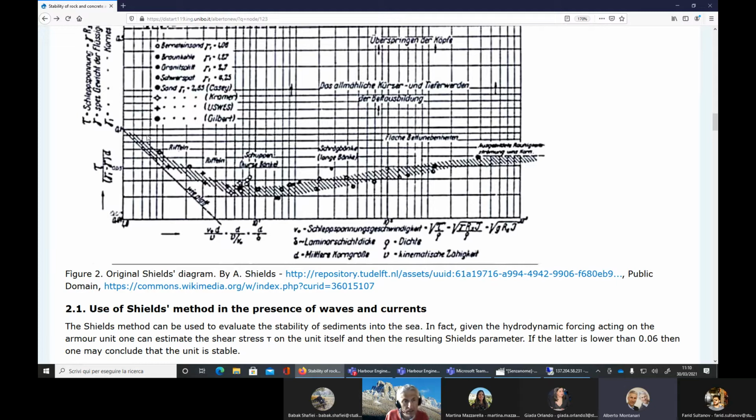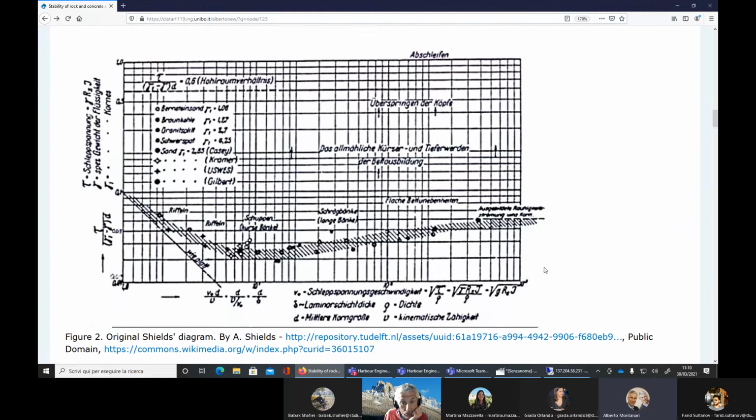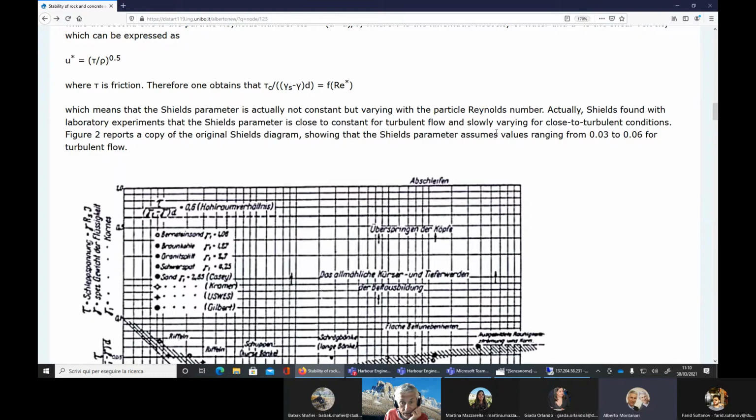And here are the experimental points. This analysis was repeated by many scientists, and they concluded, as written here, that the Shields parameter or Shields number assumes values ranging from 0.03 to 0.06 for turbulent flow. Again, our domain is the turbulent flow.